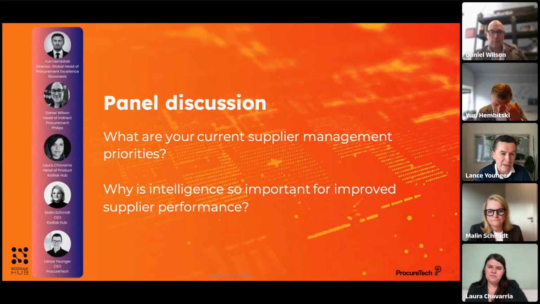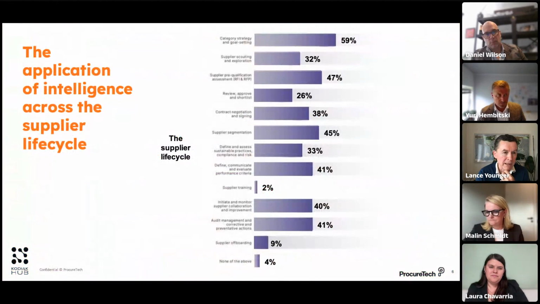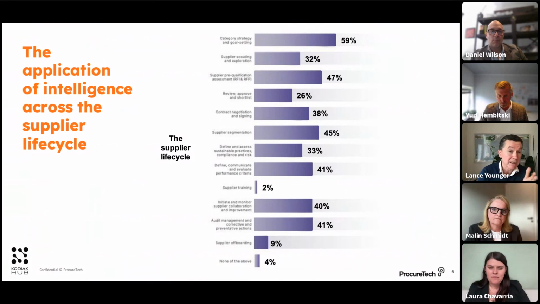What I'm going to flip to now is a bit more of the research that we took over the last couple of weeks, and take a look at the end-to-end supplier life cycle. So what you see from top to bottom here is the supplier management life cycle.